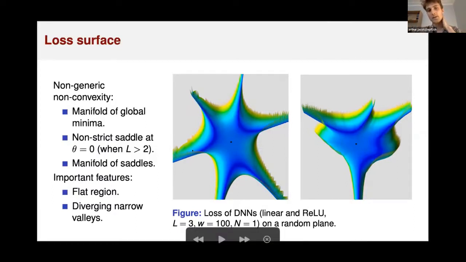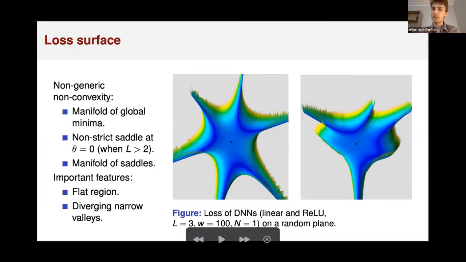So here on these plots, you can see the manifold of global minimum intersected on this random plane of the loss surface. These are the dark blue lines that you can see. Here you have 3 lines on the plot on the left, and here you have 2 lines on the right. Of course, this is just the intersection of the manifold of global minimum with some plane.